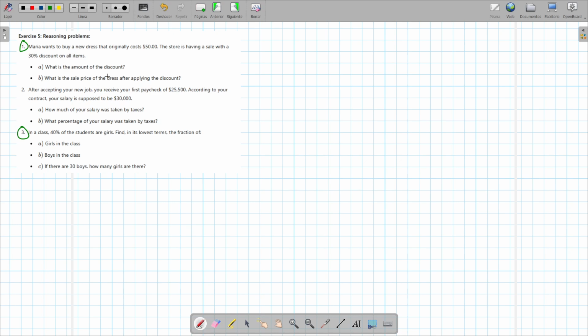Okay, the first one says Maria wants to buy a new dress that originally cost $50. The store is having a sale with a 30% discount on all items. So the first question is, what is the amount of the discount and what is the sale price of the dress after applying the discount?